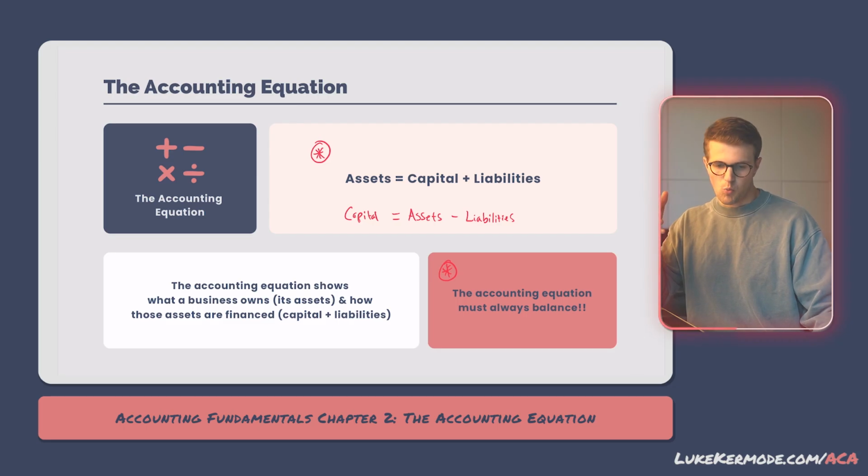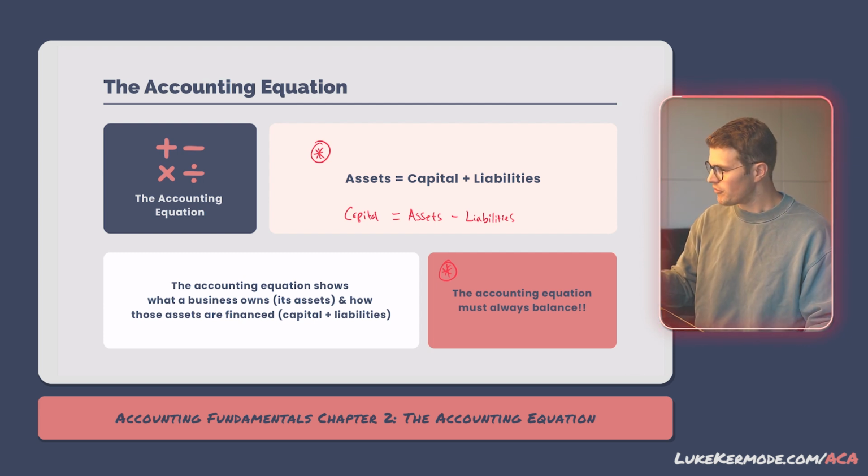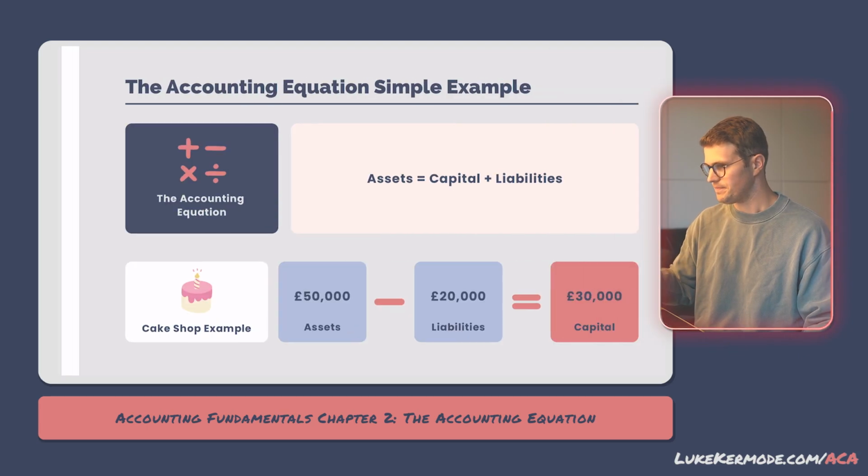This balancing act is what makes double entry accounting work. It's the very reason why every transaction is recorded in at least two places, because every event affects at least two parts of this equation.